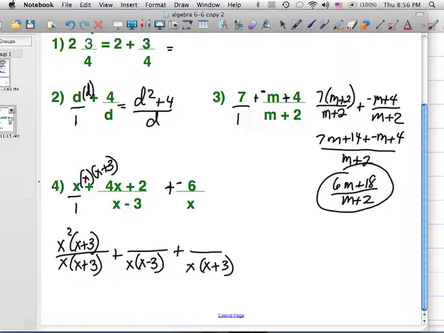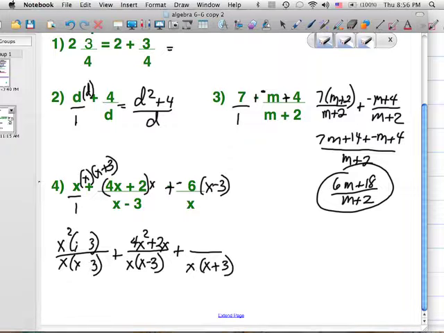This fraction, we're missing the x, so we need to multiply the binomial by x. So that gives us 4x squared plus 2x. And the last one, we're missing the x minus 3. And I've already made a mistake.